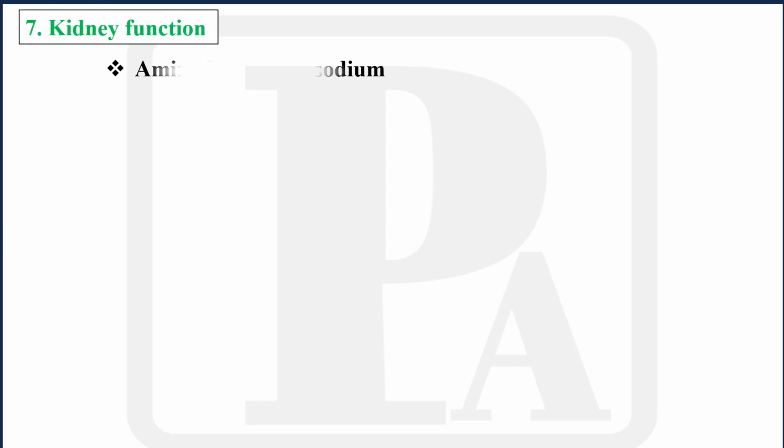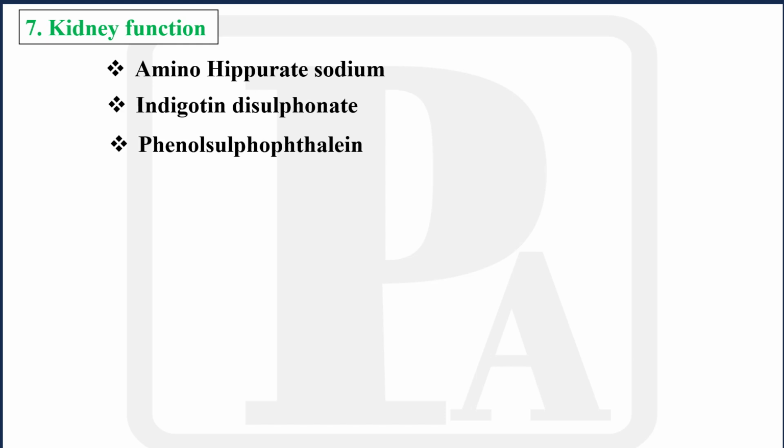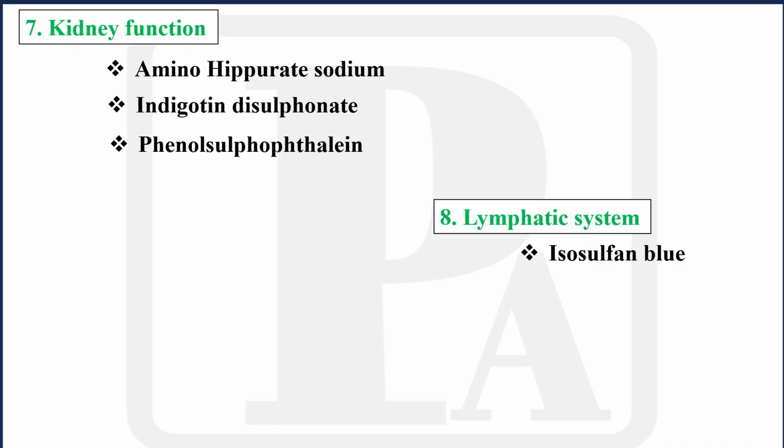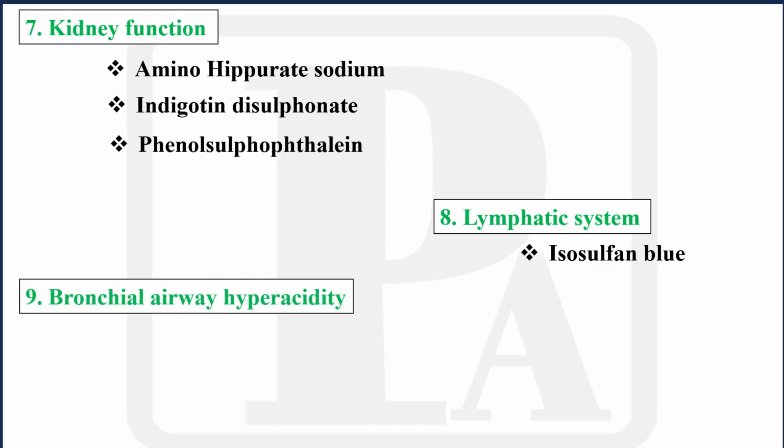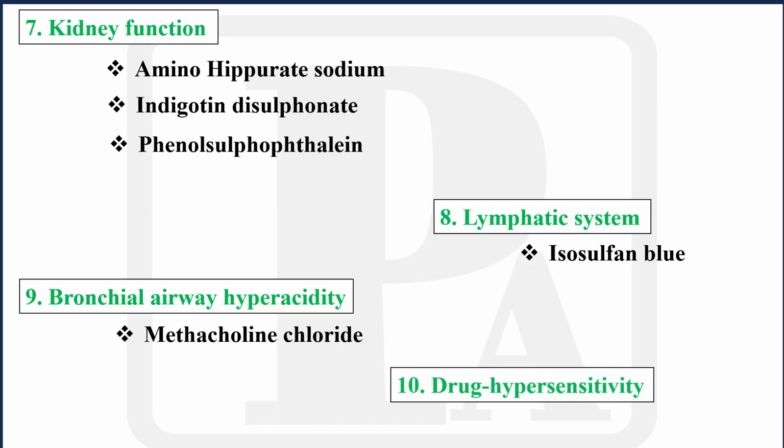Then the next one is kidney function. The examples are aminohippurate sodium, indigotin disulfonate and phenol sulfonphthalein. The next one is the lymphatic system. Example is isosulfan blue. The ninth one is bronchial airway hyperreactivity. Example is methacholine chloride. Then the tenth one is drug hypersensitivity.